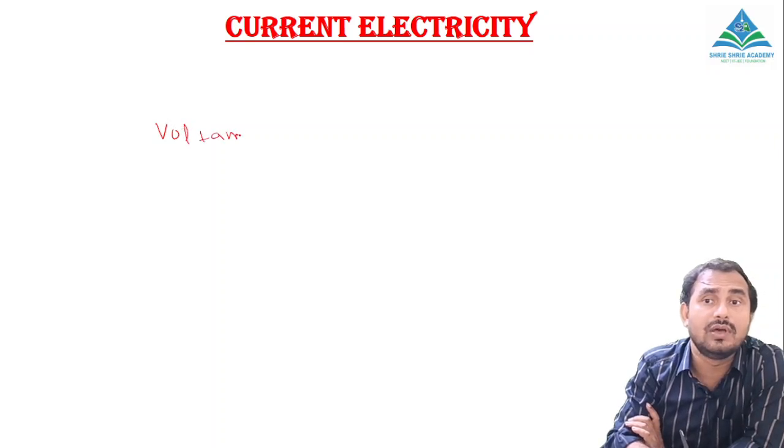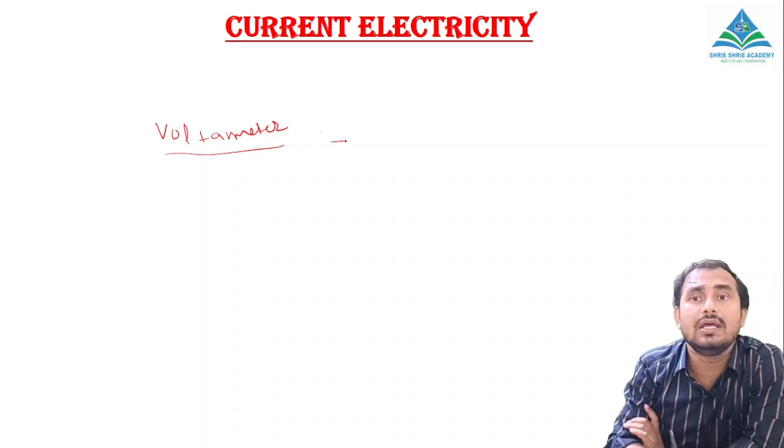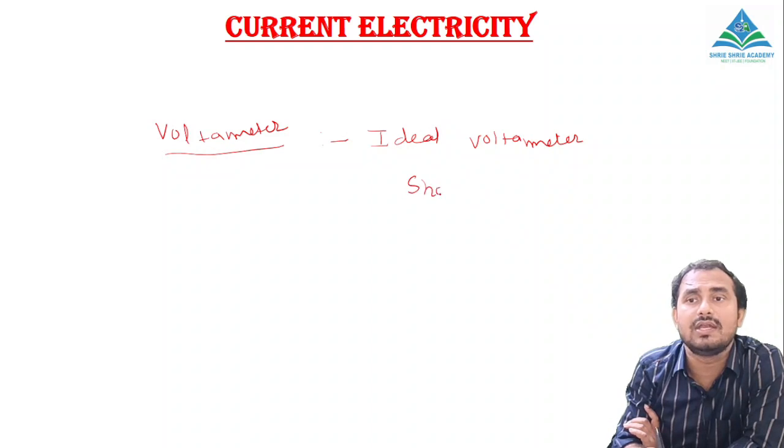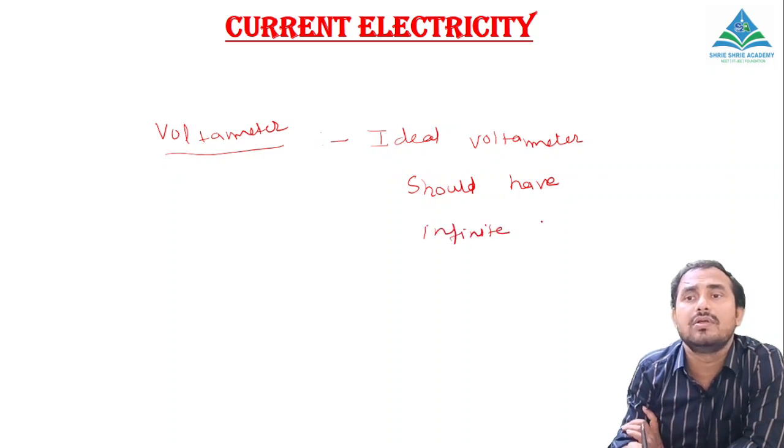So, voltmeter. An ideal voltmeter, or voltmeter whatever you say, should have infinite resistance, but that is not practically possible.